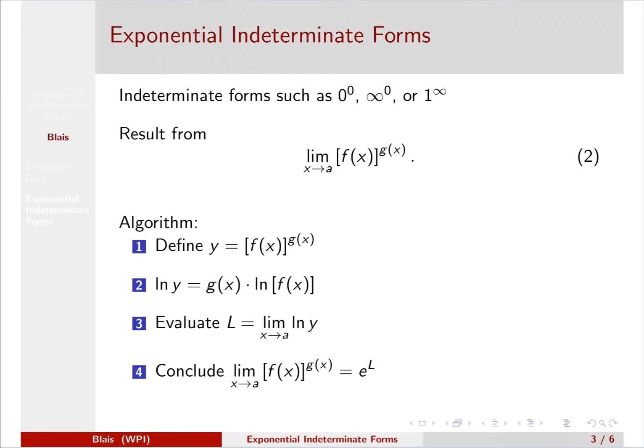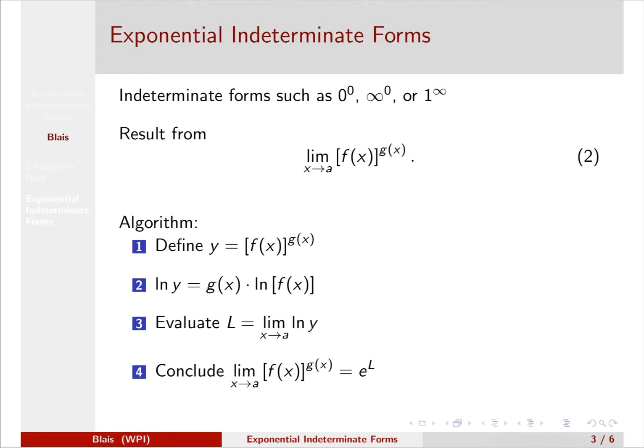But we see many different types of indeterminate forms, such as these exponential style indeterminate forms, like 0 to the 0, infinity to the 0, or 1 to the infinity. These are all indeterminate forms because they are not well defined. They result from a limiting expression like this, where you have the limit of a function in the base raised to a function in the exponent.